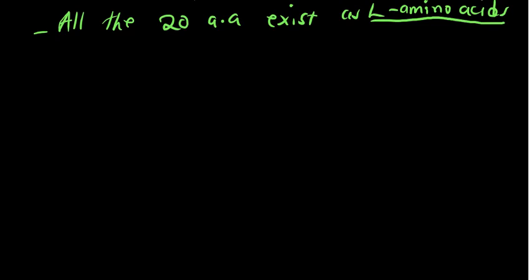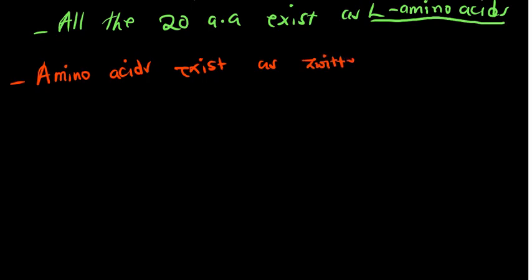So amino acids, when they are in a neutral environment, they exist as Zwitter ions. Let me use a green color. They exist as Zwitter ions at a neutral pH.